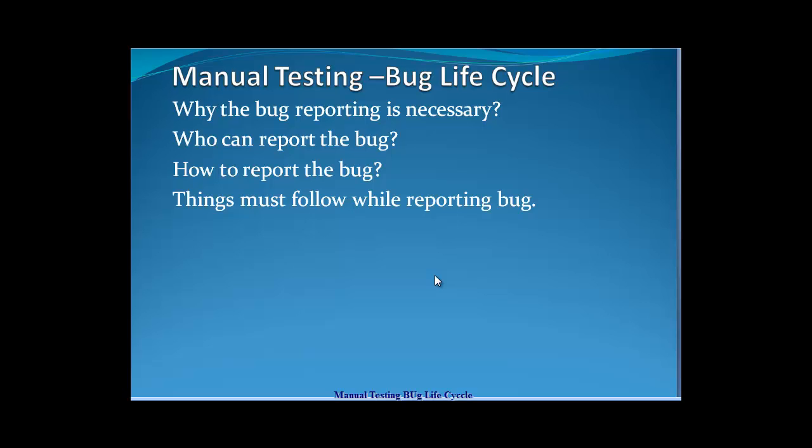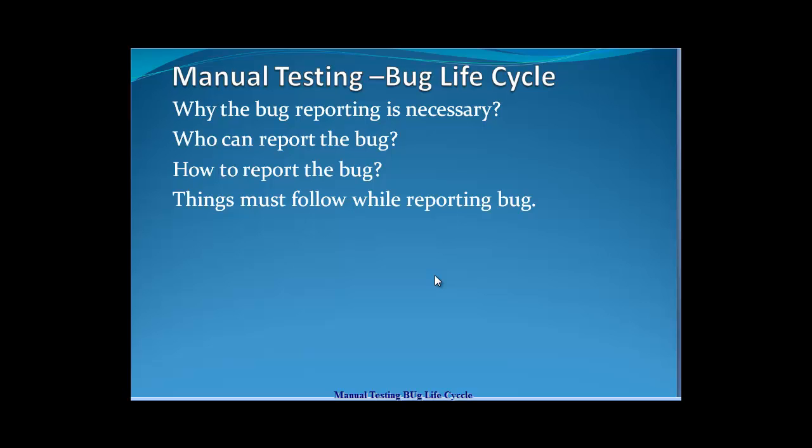Now come to the second point: who can report the bug? In the IT industry, a test engineer is the only one responsible for reporting the bug. If a developer finds any defects, the developer does not report that bug. He tries to fix that defect in his environment.